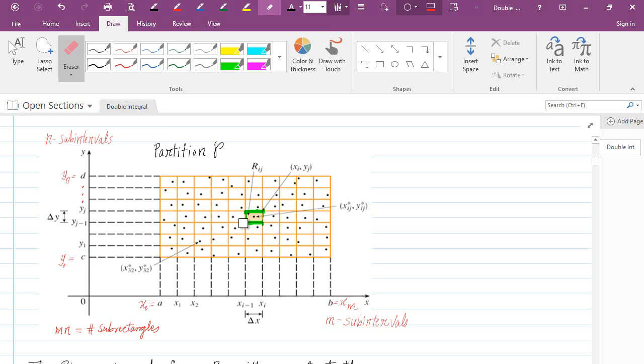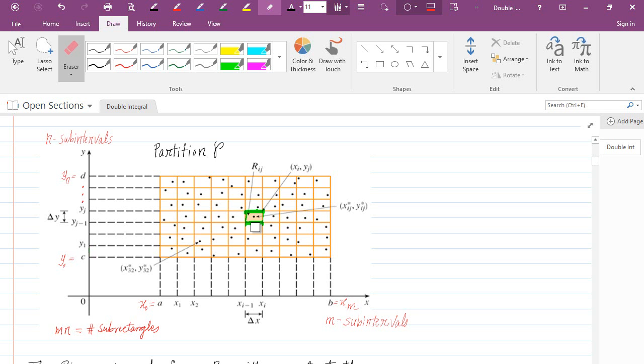And this subrectangle R i j is so tiny that the density over this subrectangle is approximately constant.